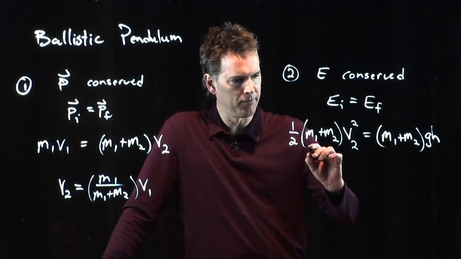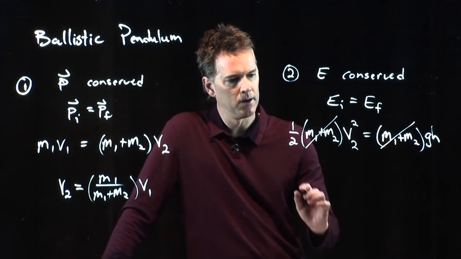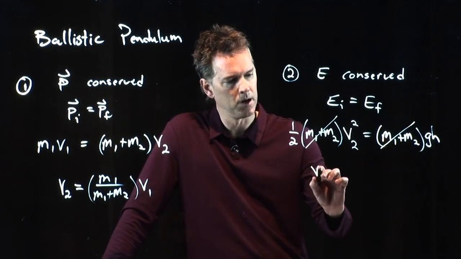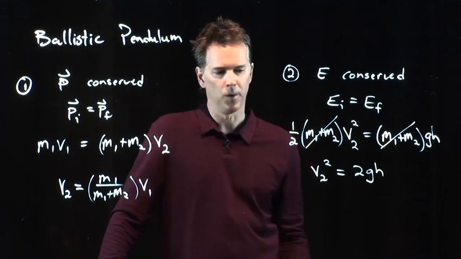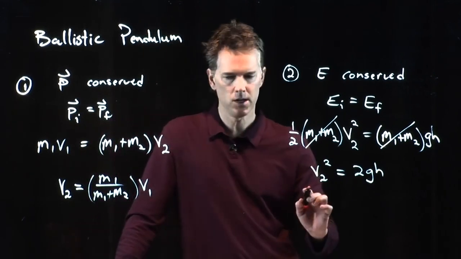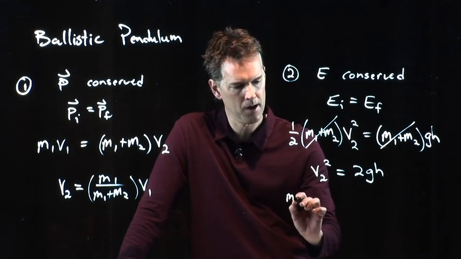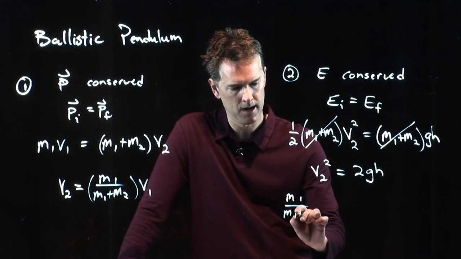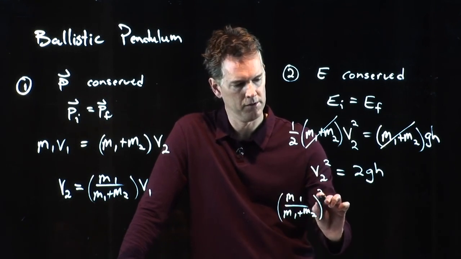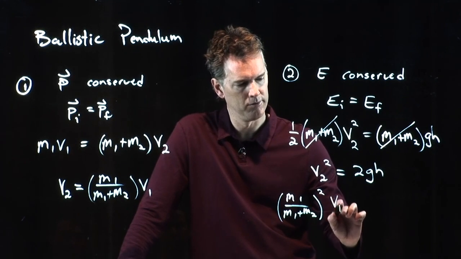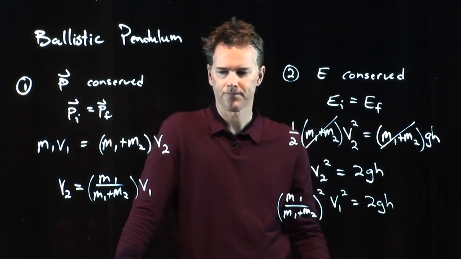First off the bat, let's simplify this. We can cross this out and multiply by 2 on both sides. And so we get v2 squared equals 2gh. Now let's plug in this solution for v2. So we have m1 divided by (m1 plus m2), quantity squared, times v1 squared equals 2gh.